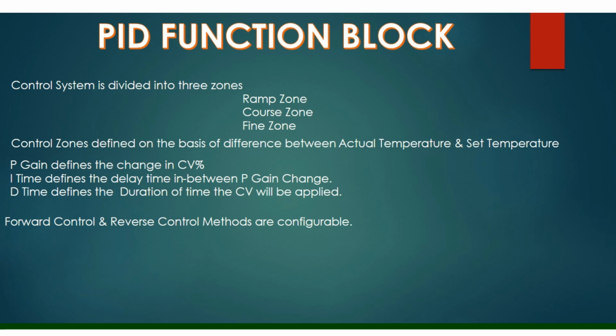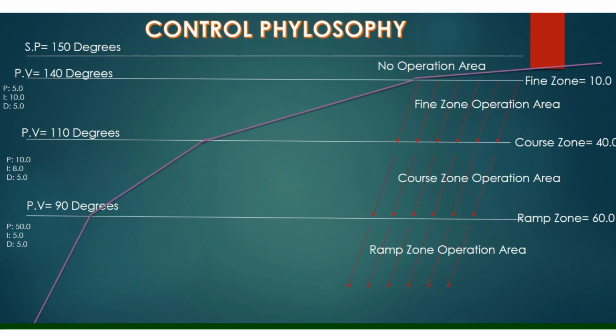If your chamber pressure is somewhere around 9 bar, and you want to get it down towards the set value of 5 bar, in that case your reverse control method will be applied. In a case where you are looking for both types of control methods, this can also be configured inside the function. So this is the control philosophy.